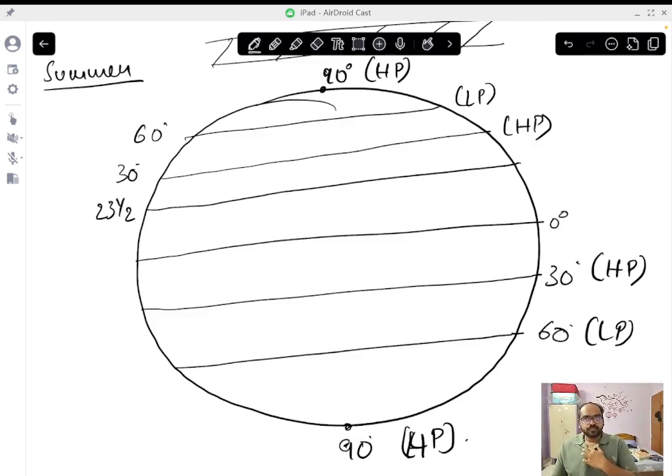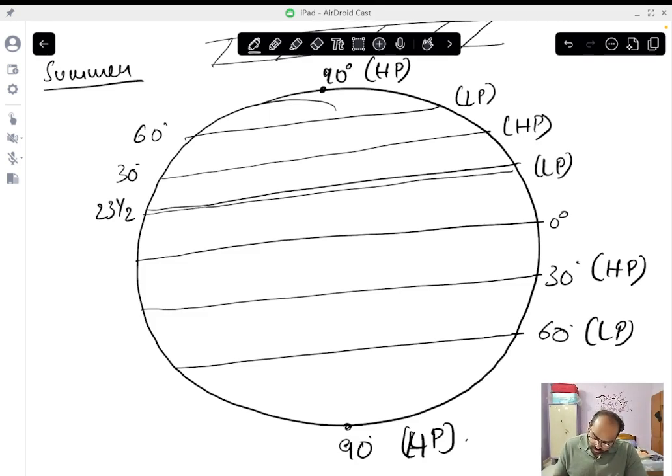So what happens? The ITCZ is shifted towards the north, that is on the Tropic of Cancer. So there will be rapid convergence happening at the Tropic of Cancer, and there will be an intense low pressure. This low pressure is very much intense.